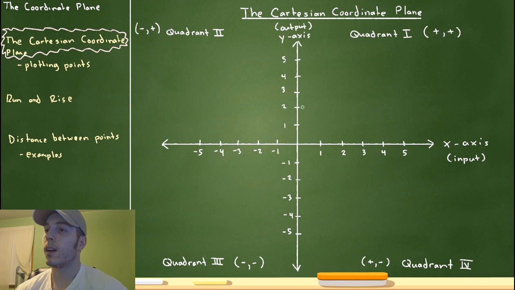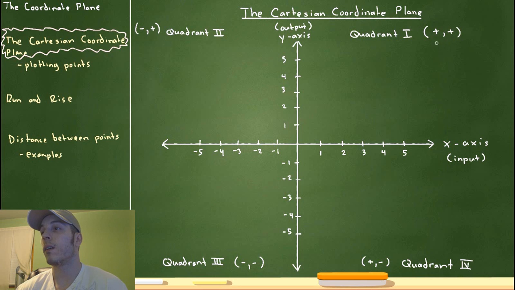So now here we can see that there's 4 sections or 4 quadrants of the Cartesian coordinate plane. The top right is called quadrant 1, so the top right corner here is quadrant 1. Quadrant 1 is where the x variable is positive and the y variable is also positive.